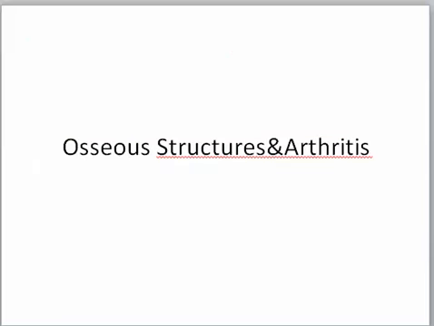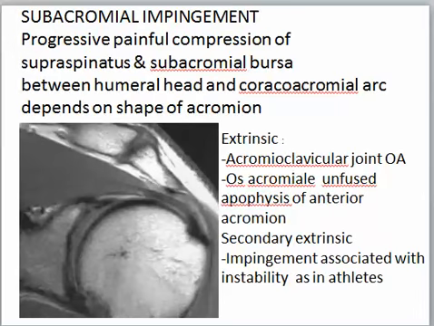Now going to the osseous structures. We know that at the acromioclavicular joint, there is sometimes abnormal shape or configuration, or osteoarthritis, or bony spur, and this is the supraspinatus muscle and tendon. So compression of the supraspinatus and subacromial bursa, this area between the humeral head and the coracoacromial articulation, depends on the shape of the acromion.